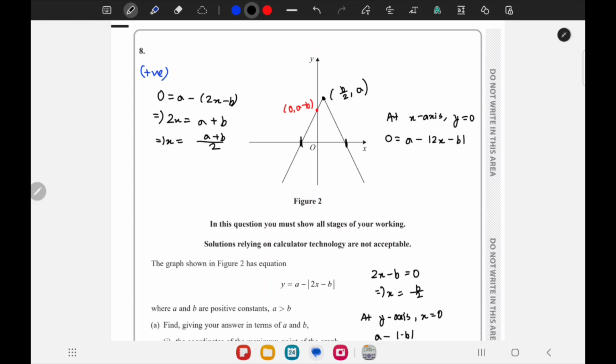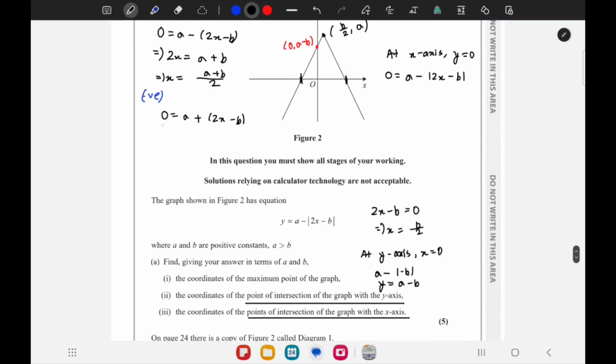And for the negative, 0 equals a minus, so we can make that plus 2x minus b. We'll have 2x equals b minus a, x equals b minus a by 2.